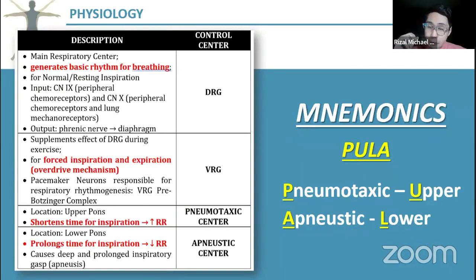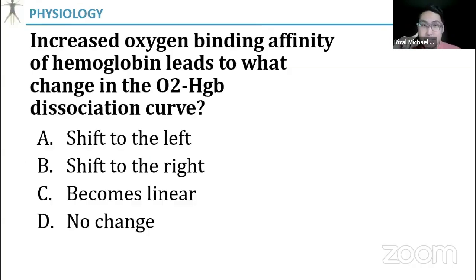Usually this is confusing: when you say shortens the time for inspiration, you are not decreasing the RR. When you shorten the time of inspiration, you increase the RR, you make it faster. Apneustic prolongs the inspiration, thus the RR decreases because you prolong the inspiration. That's your pneumotaxic and your apneustic.